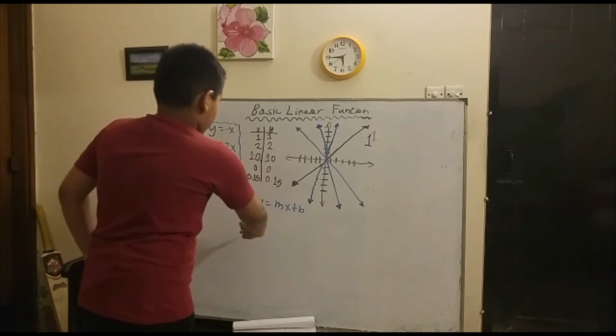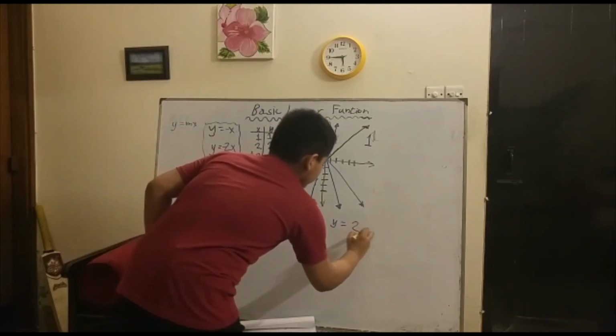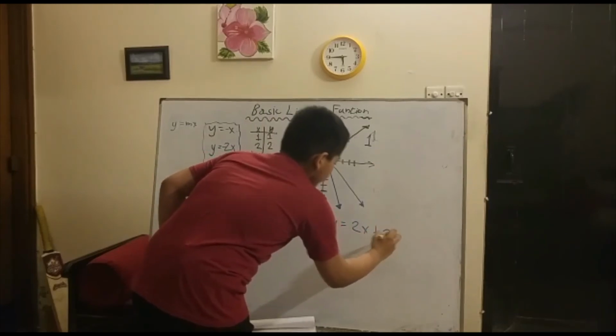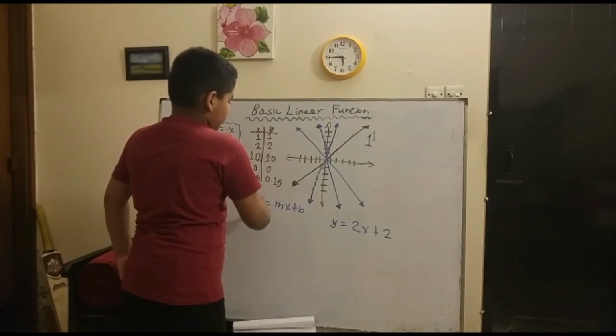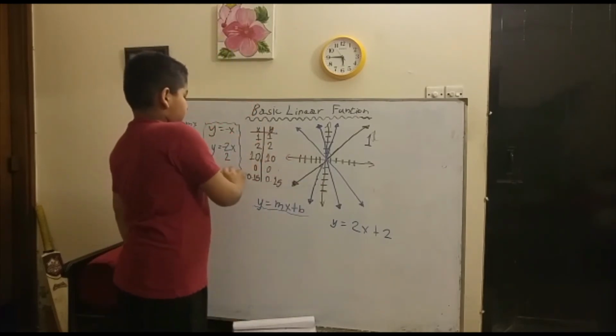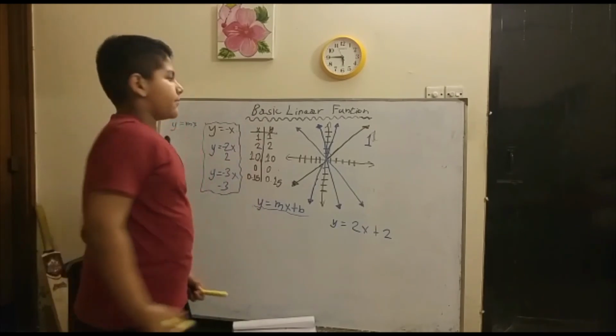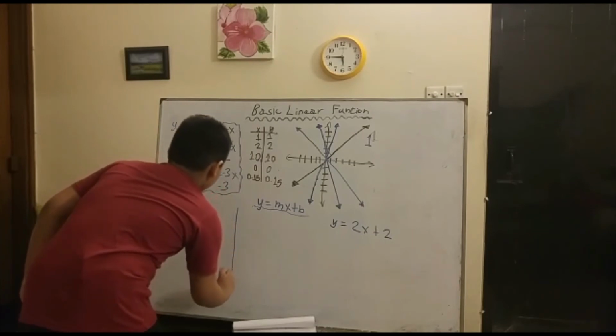Let me show you what I'm talking about. Suppose a function y equals 2x plus 2. This is the formula of every single linear function. Even these, we don't usually write the b because b would be 0. But let's see what it would be.